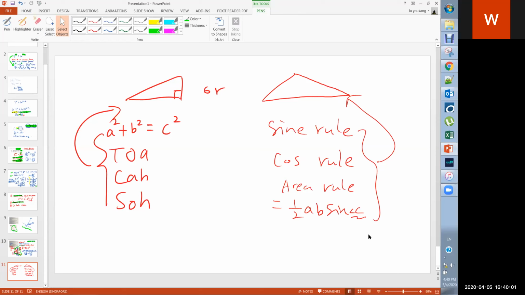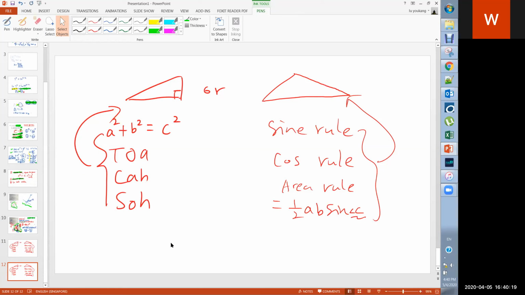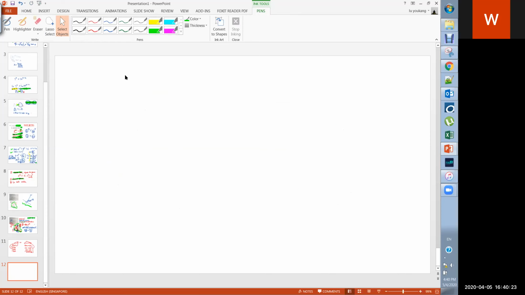This one is just evaluate. They never ask to solve, I think. Let me look ahead. Is it log 8 or log 9? Log a to the power of 36 and log a to the power of 1 over 216.